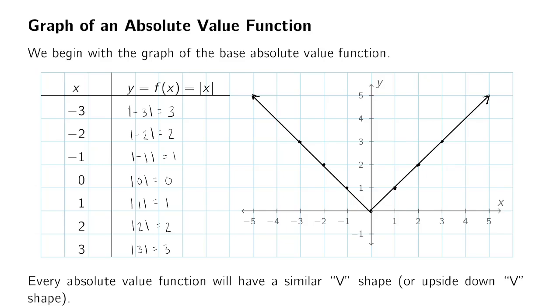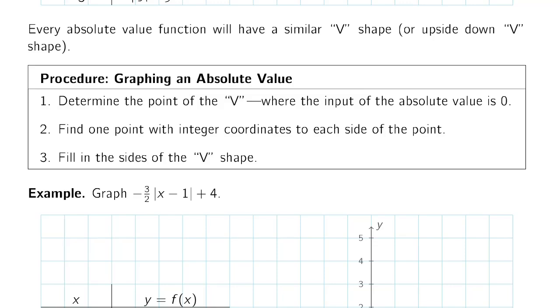And so we're going to have some turning point, and then we're going to have 2 rays coming off that turning point, which means that all we need to graph it is to know where this turning point is, and then know what direction each ray goes. And that gives us a procedure for making one of these graphs.